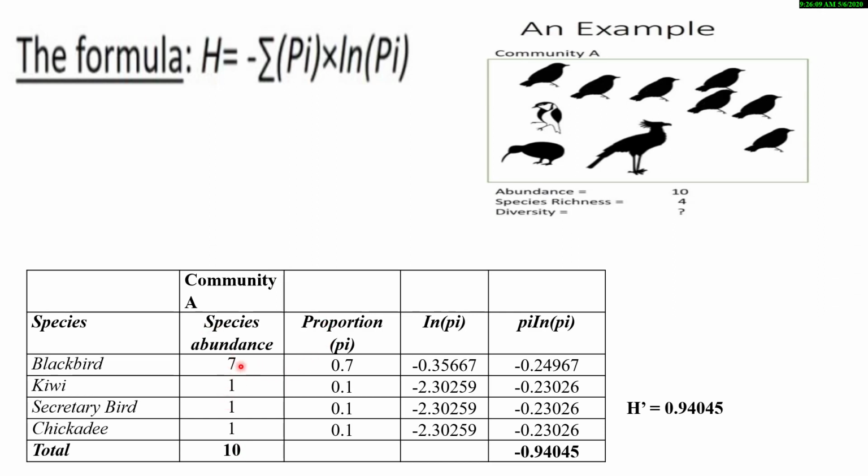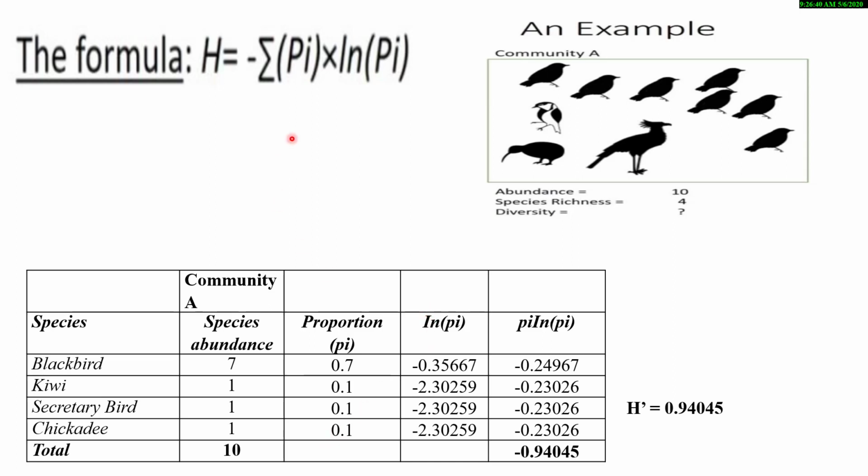You just have to divide 7 by 10, and you will get 0.7. What is the proportion of kiwi in the community? It's 1 divided by 10, you will get 0.1. The same applies to secretary bird: 1 divided by 10, 0.1.